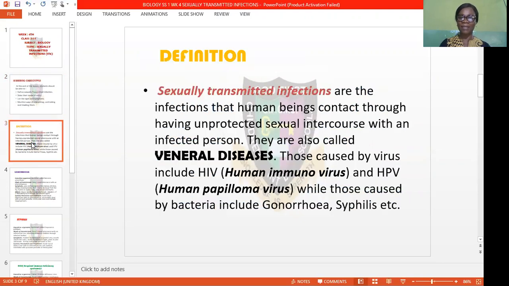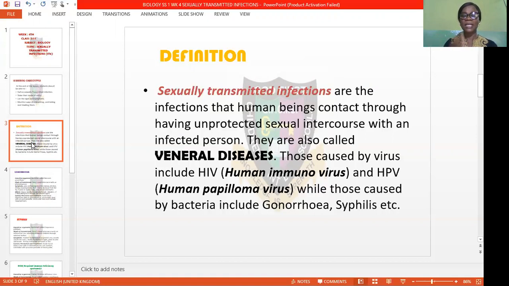What are sexually transmitted infections? They are infections that human beings contract through having unprotected sexual intercourse with an infected person. They are also called venereal diseases. These diseases are caused by viruses, including some bacteria.